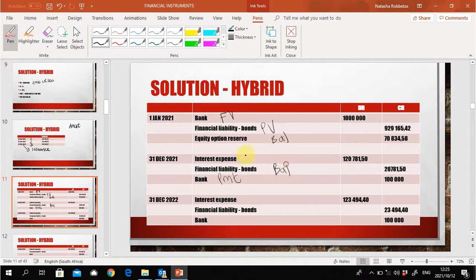So the difference between your financial calculator's amortization table and the payment from the bank account to the people who purchased some of these bonds leaves us with a balancing figure booked to financial liabilities, which represents the bonds.